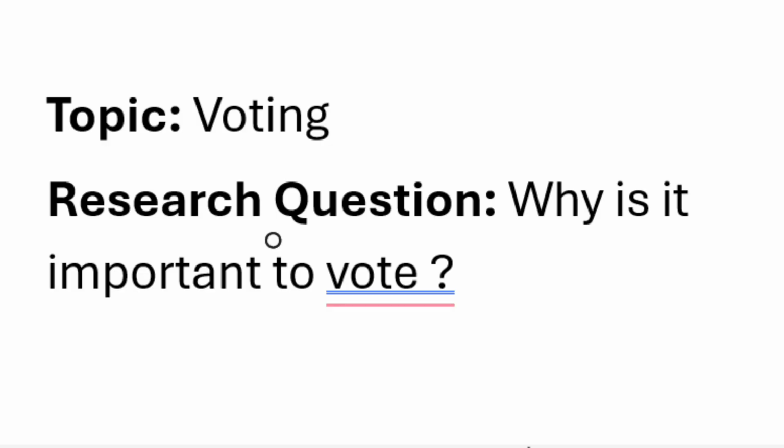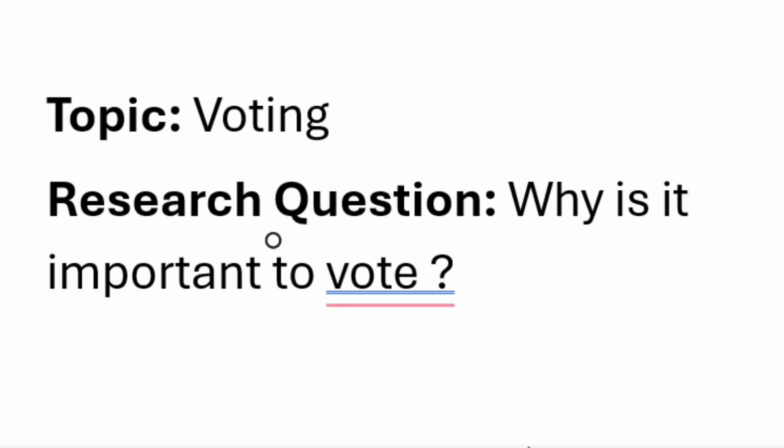Here's a topic, voting, and research question, why is it important to vote? How would you look at it? I find this voting is just one word here by itself, so you may have to spell it out, right? Have it at least 4 or 5 words in the minimum.